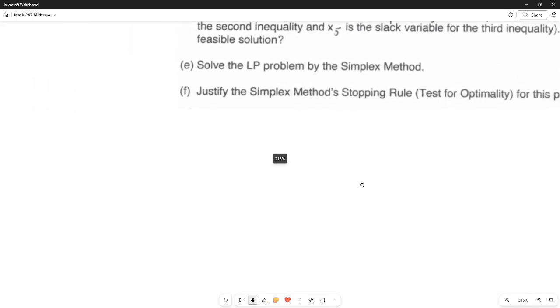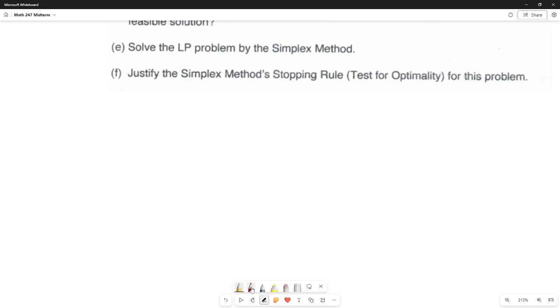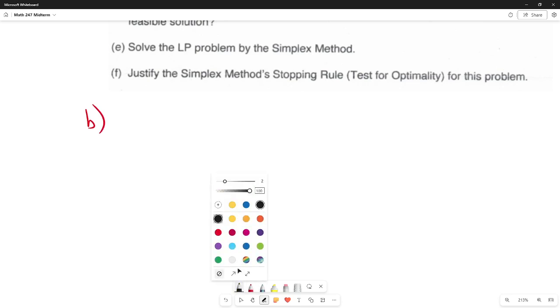Okay, so I'm going to go over here, and this is going to be part B. Remember, we're doing (2, 1). So we're going to have A, which is the point (0, 0). We're going to have B, which is the point (4, 0), I believe.